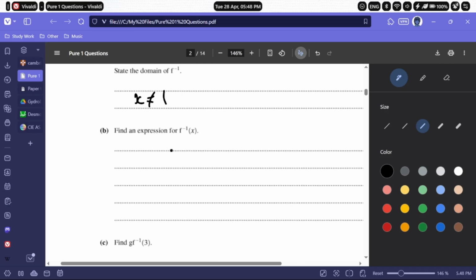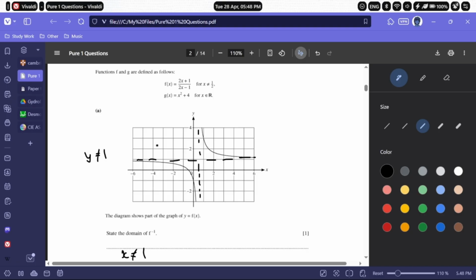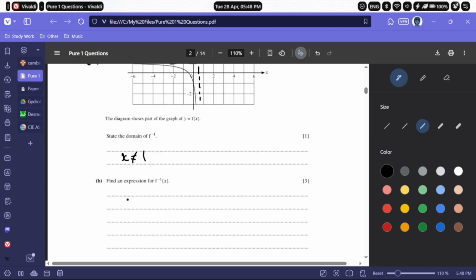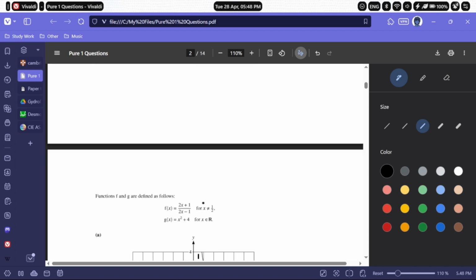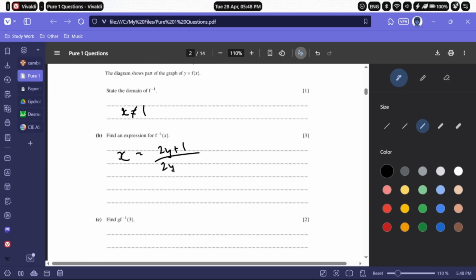Then you have to find the expression for the inverse function. So it's just x is equal to 2y plus 1 over 2y minus 1. You just swap the x and y. Then multiply, so 2xy minus x is equal to 2y plus 1.